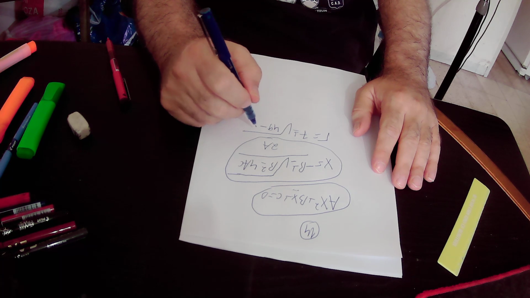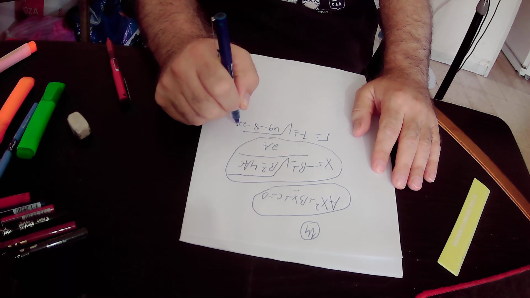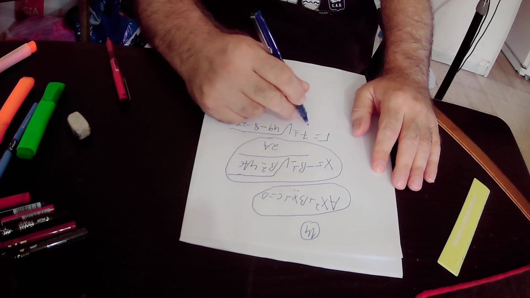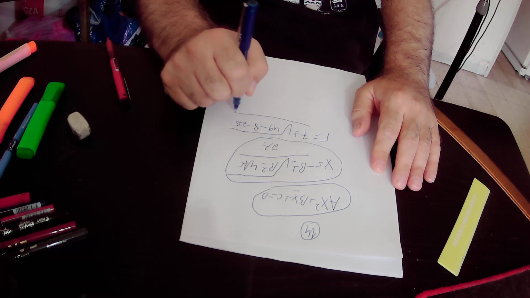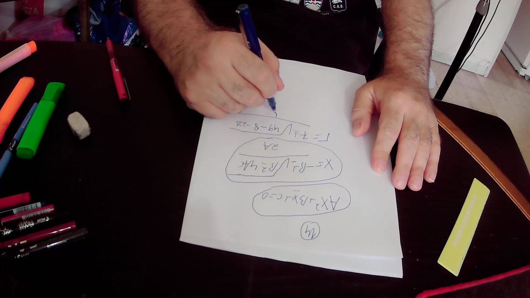Minus 4 times a is 2, so 4 times a is 8, times c is minus 225, over 2a. a equals 2, so 2 times 2 is 4.